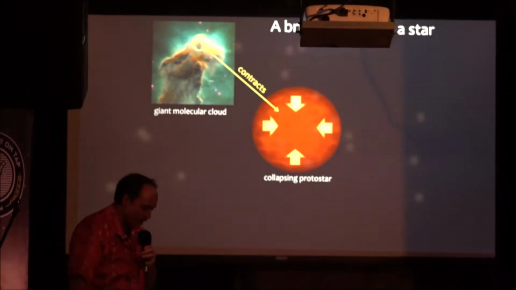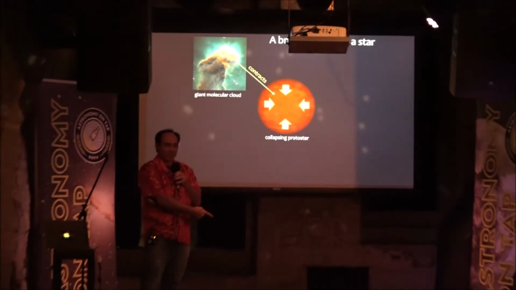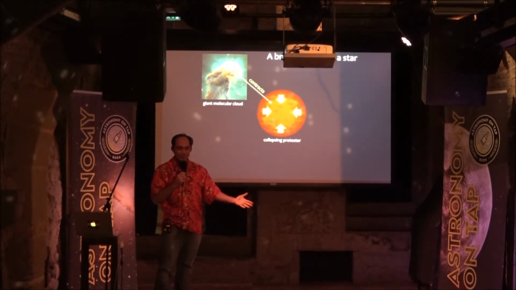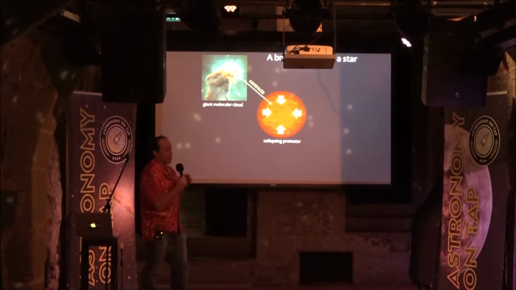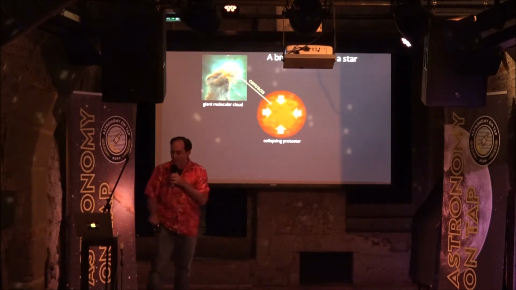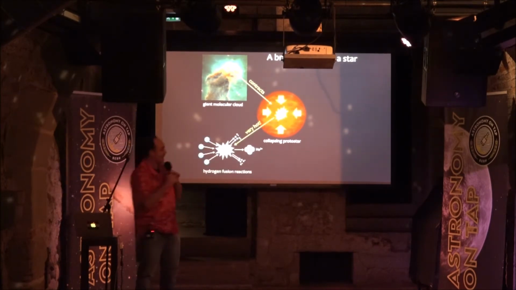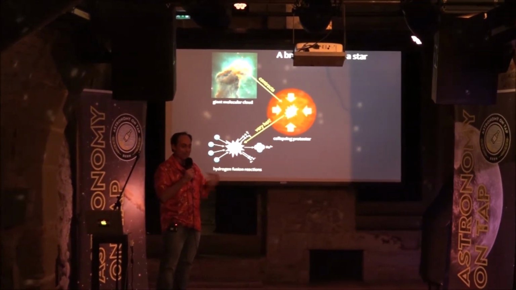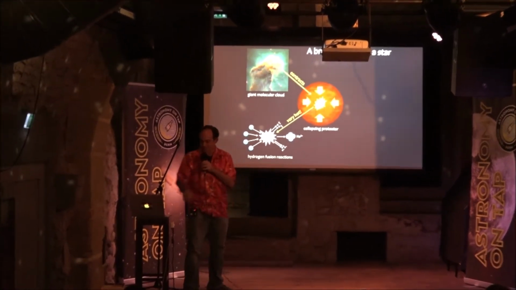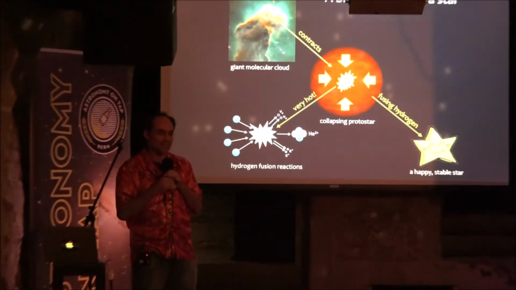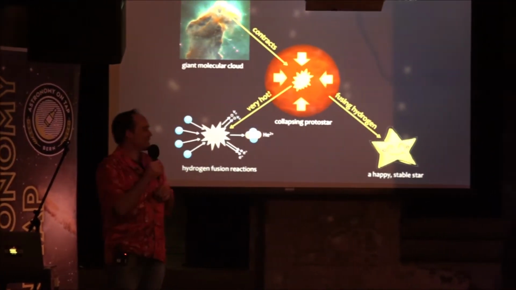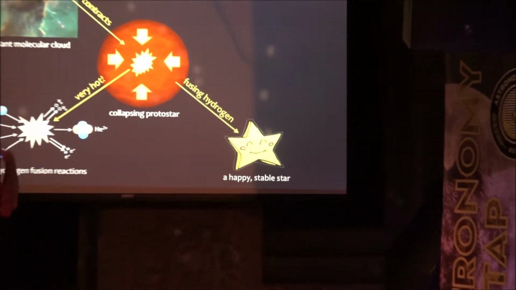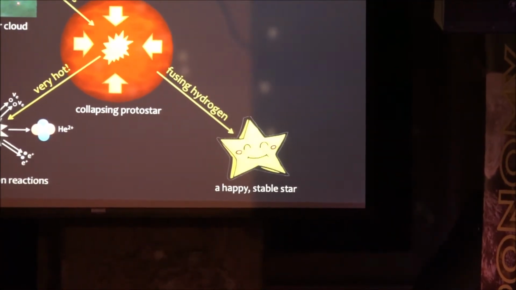And as it falls, energy is transformed from gravity into something else. Now, in that case, it was the sound of my shoe hitting the floor. In the case inside the star, that gravitational energy is turned into heat energy. And that heat energy makes it hot enough to start fusion reactions, which is the stuff that gives us everything besides hydrogen in the elemental table. And then once that kicks in, you have a nice, happy, stable star, happily fusing hydrogen, shining up in the sky, of course, until it blows up and dies.